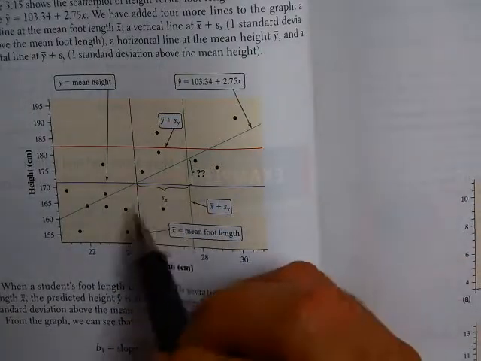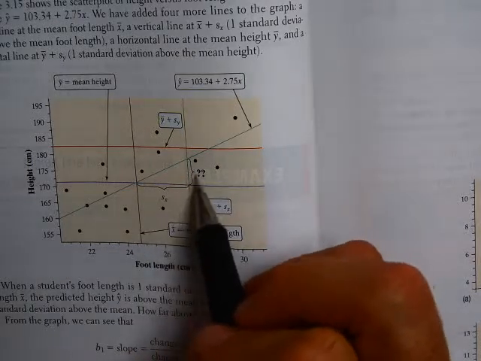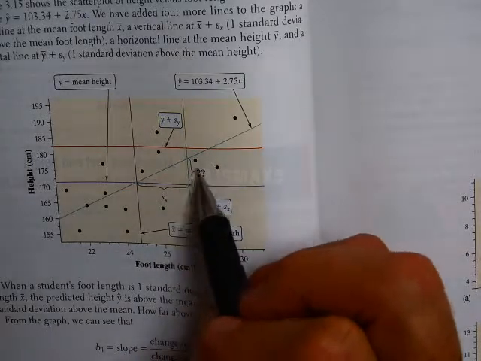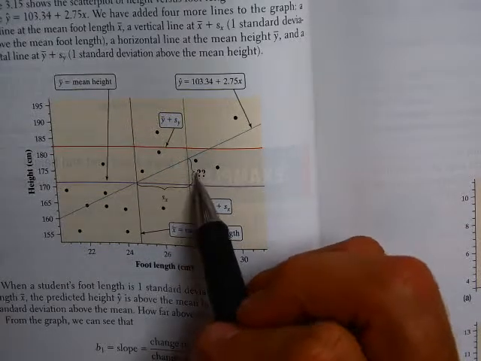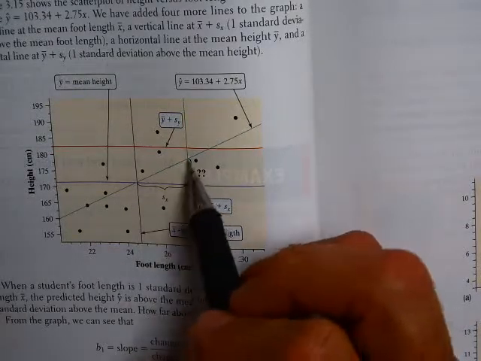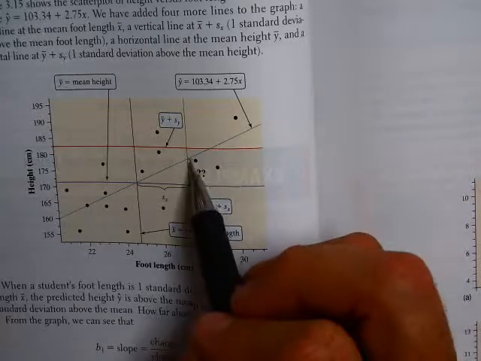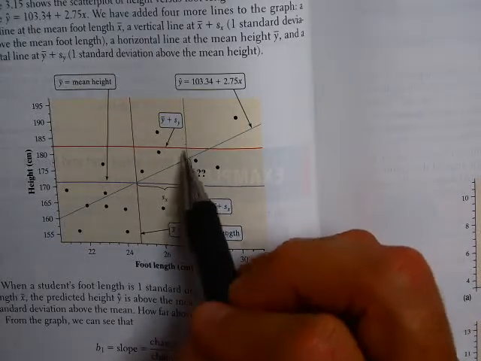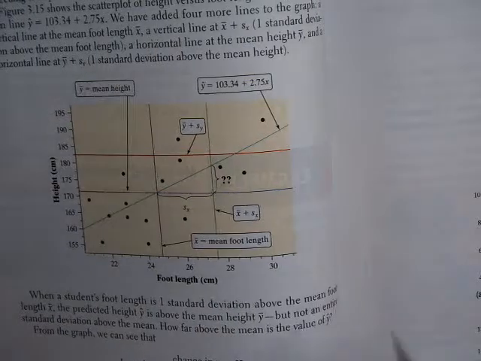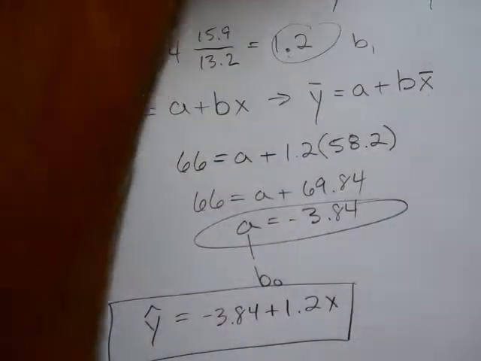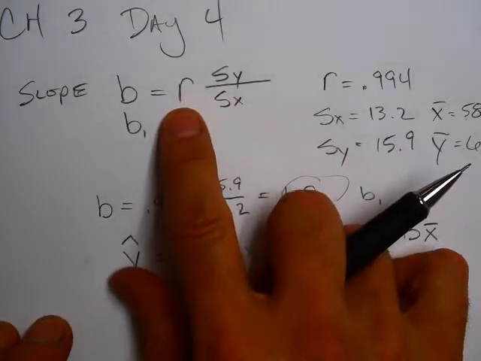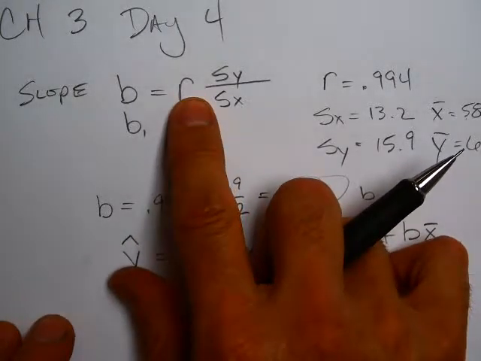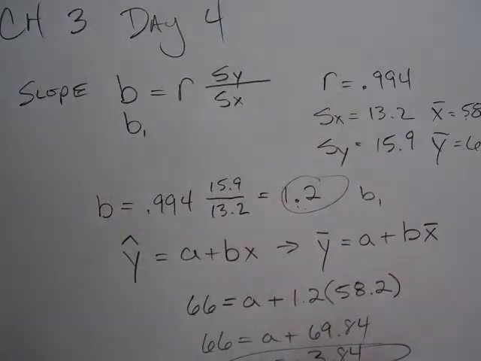Why is that? Because it is the multiplier of r, which is going to be less than 1. So that is going to be some proportion of this distance. And that's exactly what this right here is doing. It's the proportion of the distance between those two standard deviations.